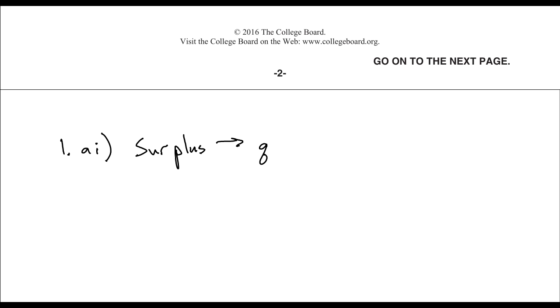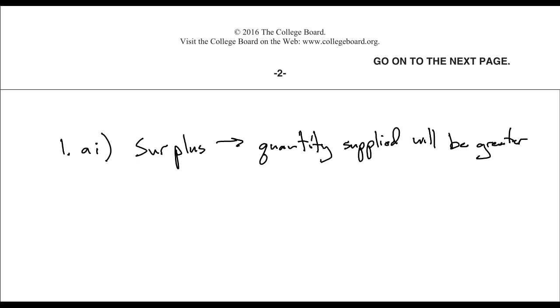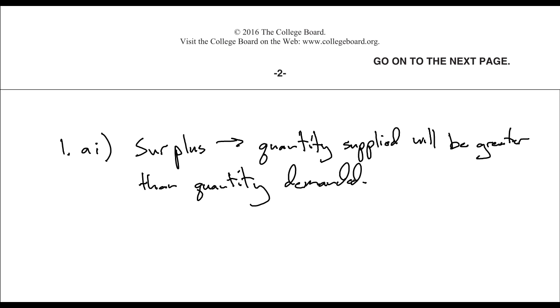Quantity supplied will be greater than the quantity demanded. Alright, you could also say that it's an effective price floor because it's above the equilibrium price.